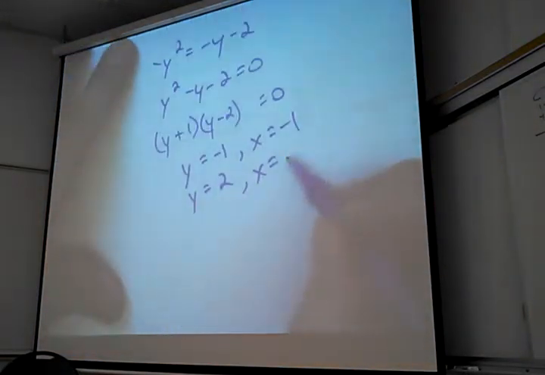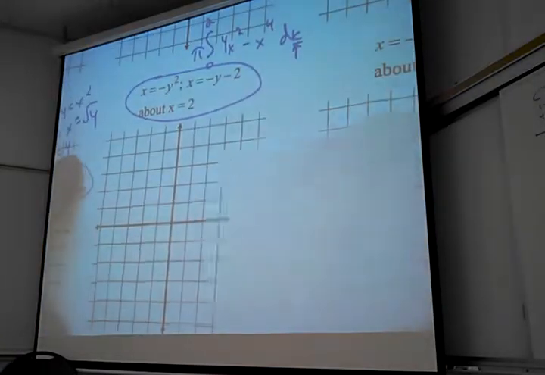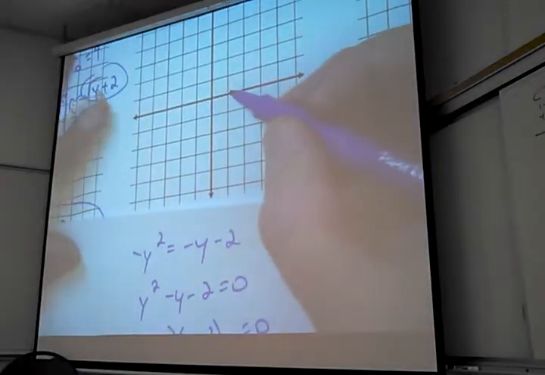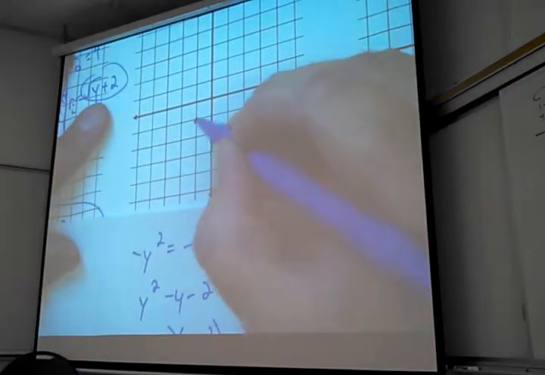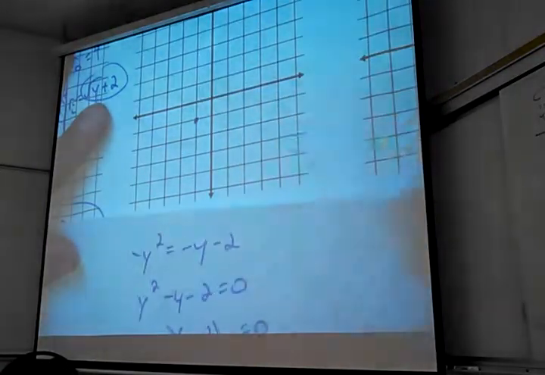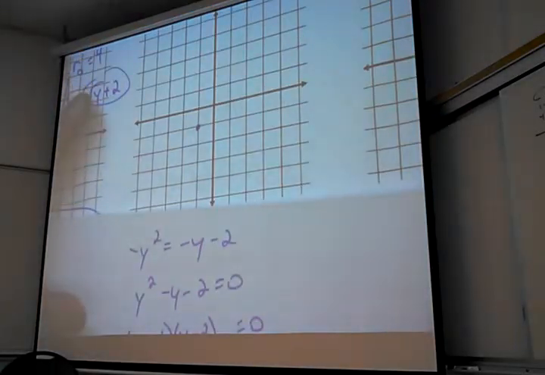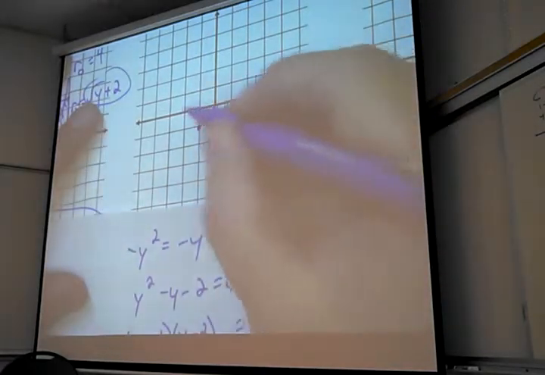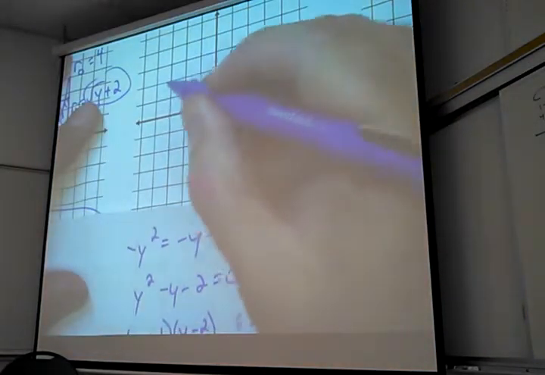Good. A bunch of negatives in this problem, so you gotta watch out. So now I use that information. I know that they meet at the point -1, -1. And I got lucky there. You gotta be careful, x, y, right? So then they also meet at the point -4, 2.